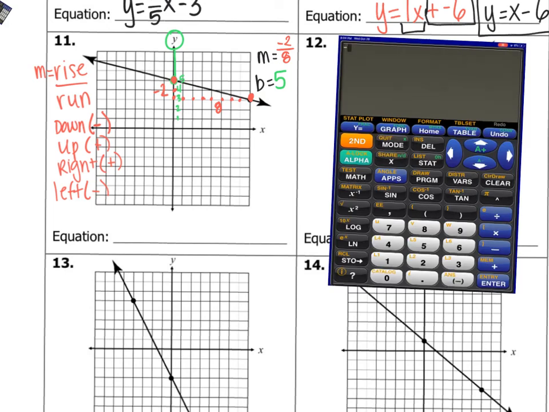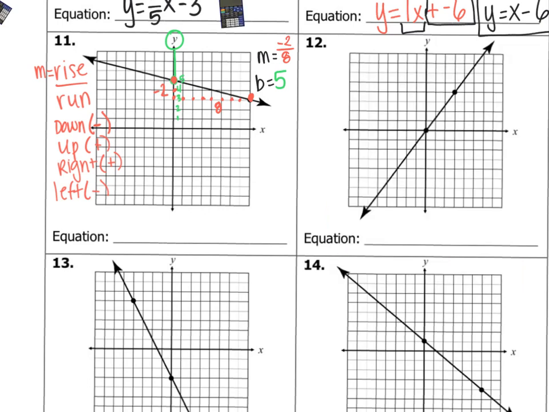Okay, so -2 divided by 8. Then you'll have to hit math, enter in your calculator, and you would get -1/4. So this will reduce to -1/4. That's my new m.